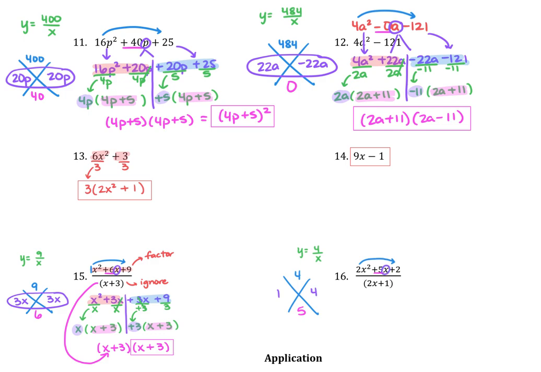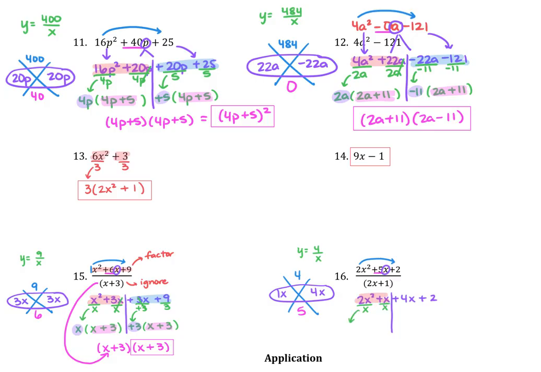Add an x onto both since that's what's on my b term, and I'm going to split my b term to those two factors, positive x and positive 4x. Drop down my a term of 2x squared and my c term of 2. Split into 2.